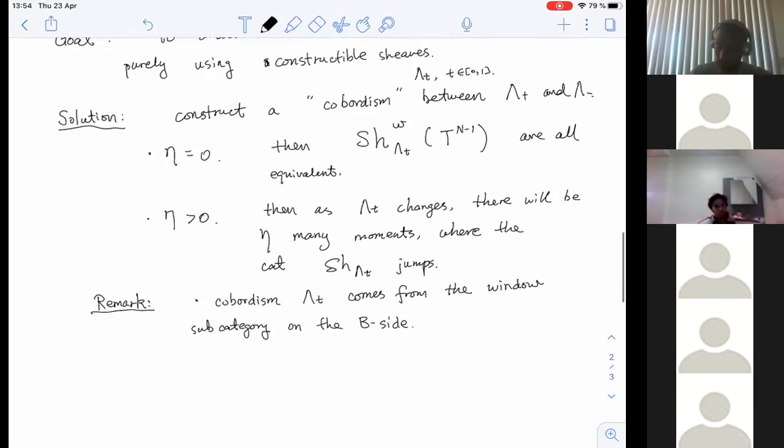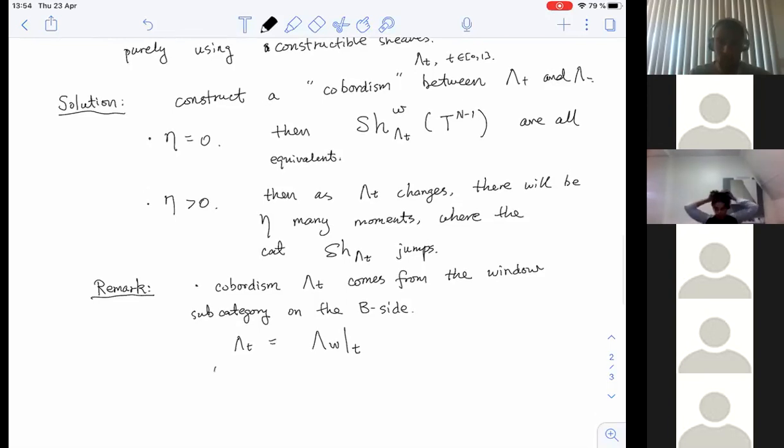In particular, lambda t arises as lambda w restricted to t, where lambda w is a skeleton of a one-dimensional Hyperkähler space with an actual R parameter, and I'm restricting it to the slice t here. And w stands for window.